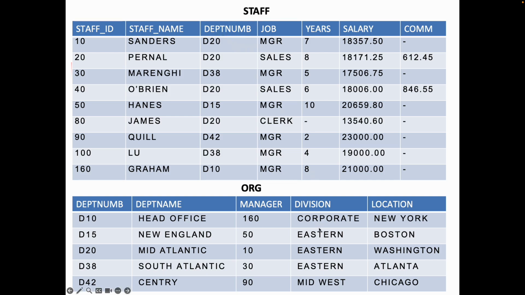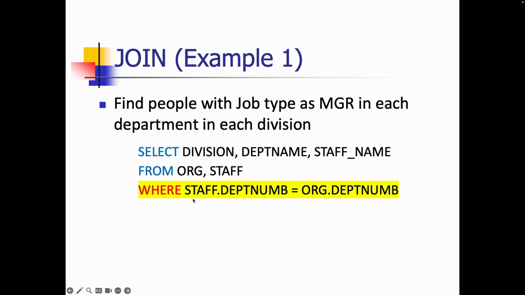You want to select them from these two tables, staff and organization. You also want to join them using where, which means linking them through the foreign keys, like this, right? Staff department number is equal to organization department number.